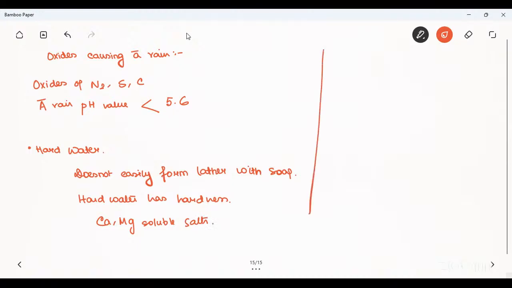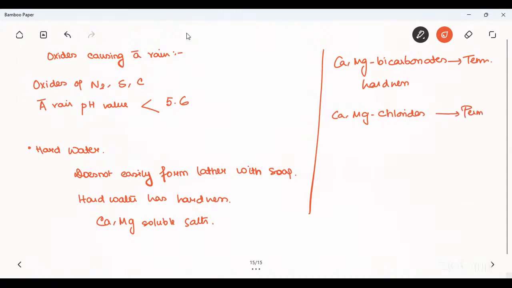The presence of calcium and magnesium bicarbonates causes temporary hardness, and calcium and magnesium chlorides cause permanent hardness.